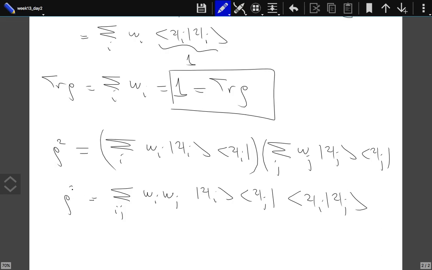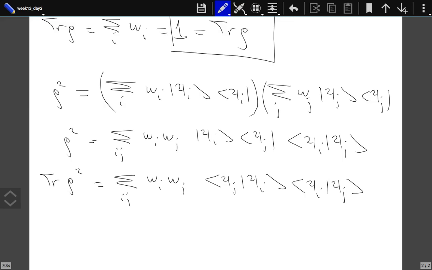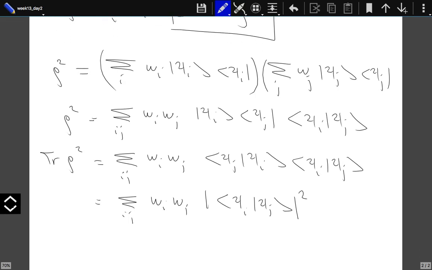So we cannot really simplify any further. Let's take the trace of rho squared. Trace of rho squared will be sum over ij, omega I, omega j, psi j, psi I, psi j. This is sum over ij, omega I, omega j, the absolute value of psi I, psi j squared.